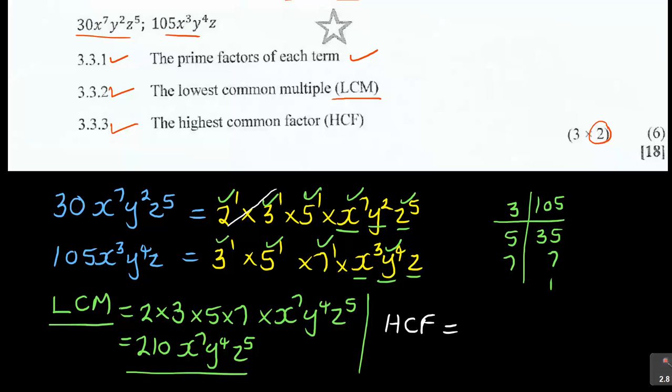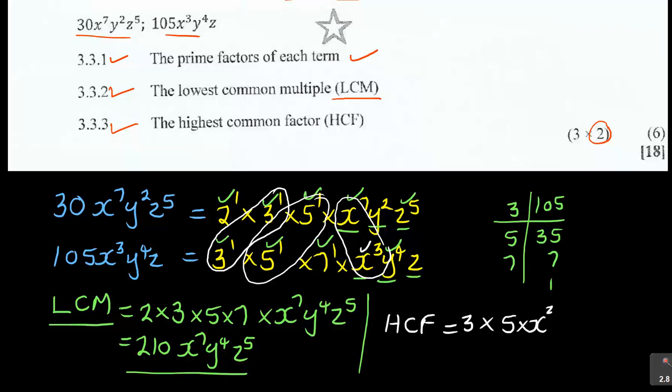For example, 3 is there, so it's 3 times, look at the other one, 5 is there, it's 5, and the smaller power is 1 times. And then with x here, you see the x is there, but the smaller power is 3, so it's times x cubed.